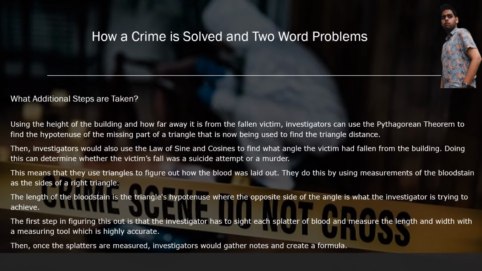The first step in figuring this out is that the investigator has to sight each splatter of blood and measure the length and width with a measuring tool, which is highly accurate. Then, once the splatters are measured, investigators would gather notes and create a formula.